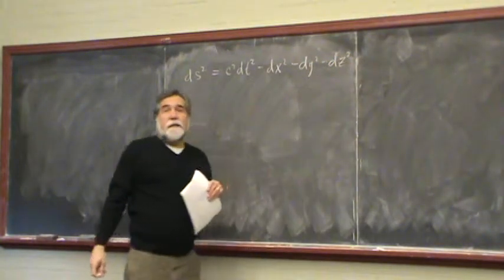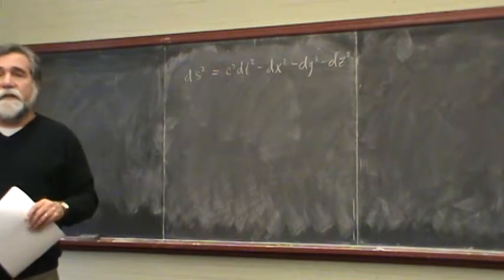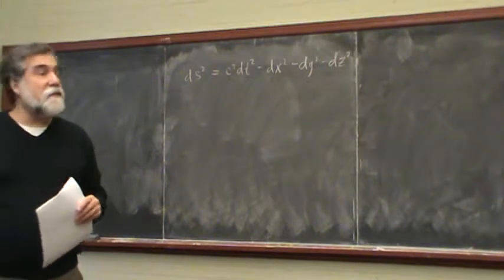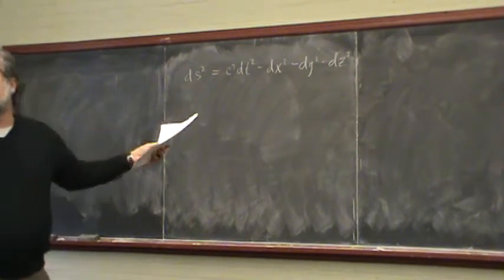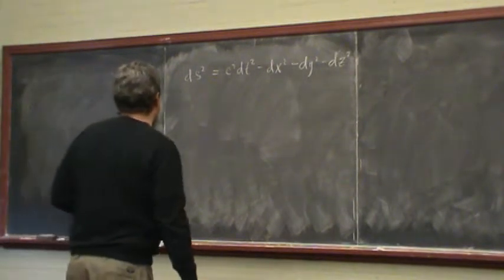And that's a quantity that's invariant, we showed last time around, under relativistic transformation. Okay, we showed it for motion along the x-axis, but we set it up so that it has symmetry in the x, y, and z axes, so it should be the same.